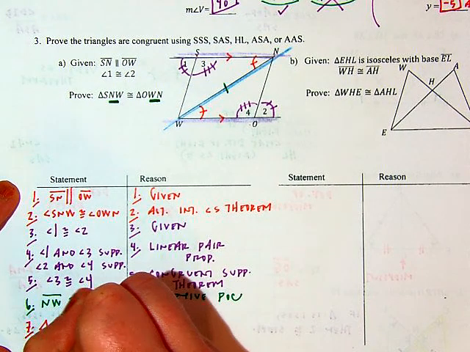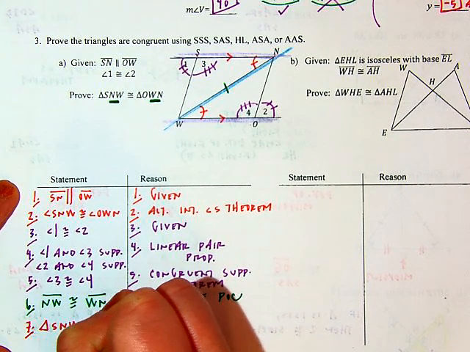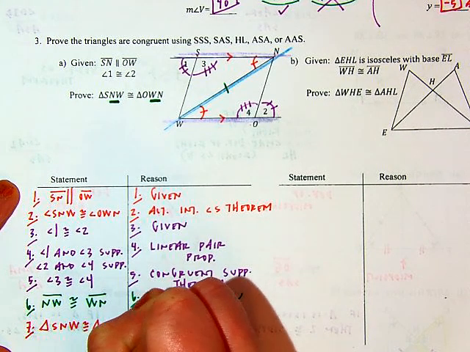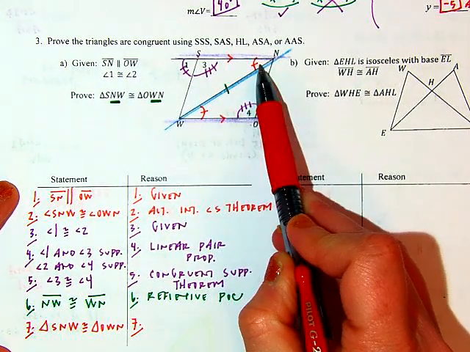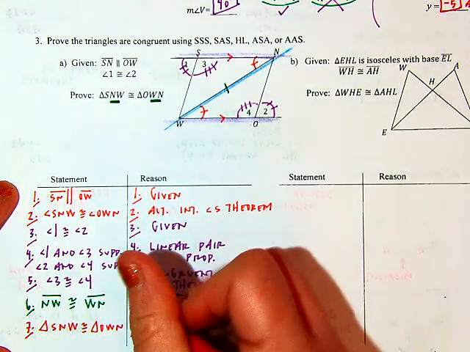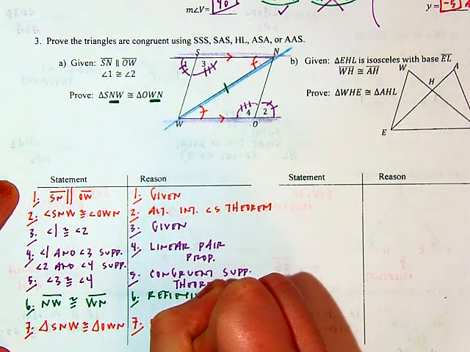So triangle SNW would connect to OWN. I have two angles and the non-included side. So this would be angle, angle, side.